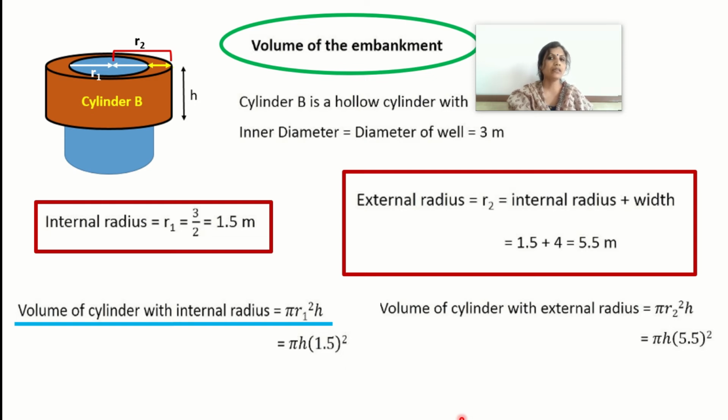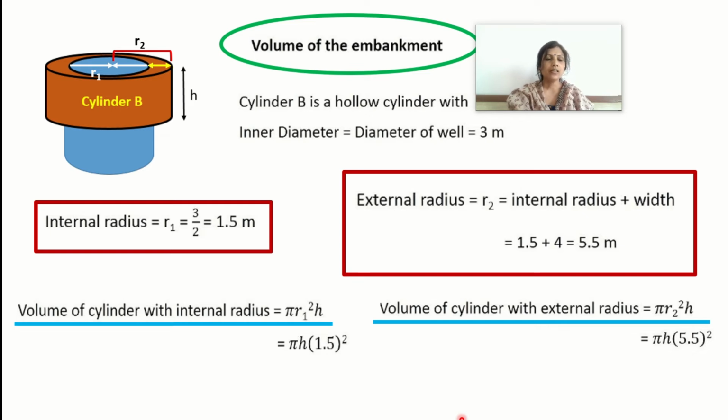R1 square is 1.5 the whole square. And the volume of cylinder with external radius is equal to pi r2 square h. So pi as it is, h as it is, and r2, the external radius, is equal to 5.5 the whole square.